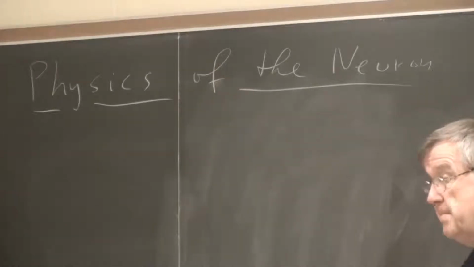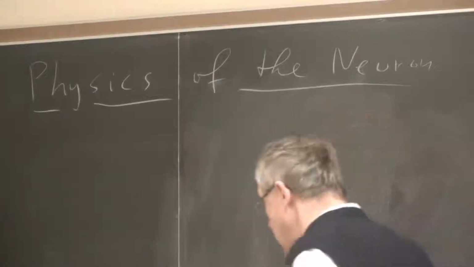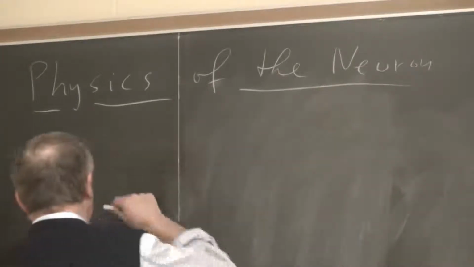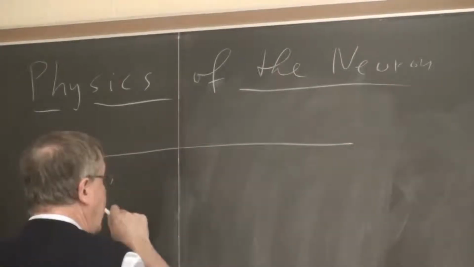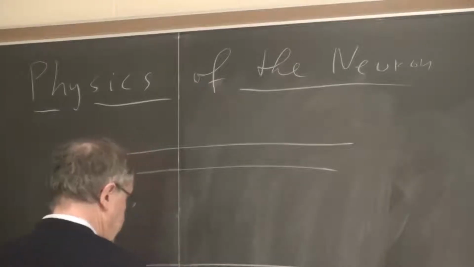Okay, so now we want to talk about the neuron, and the key part is that we have an inside and an outside.